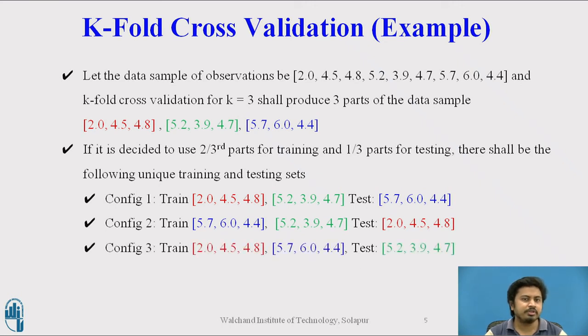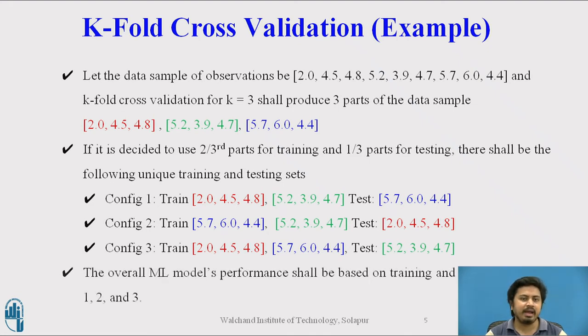So overall, the machine learning model is built by training and validating itself on config 1, next iteration on config 2, next iteration on config 3, and at the end, the overall ML model performance shall be based on training and testing on configs 1, 2 and 3. So this is a clear-cut example of k-fold cross validation.